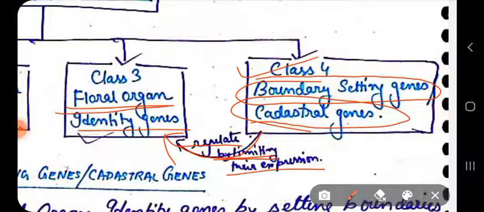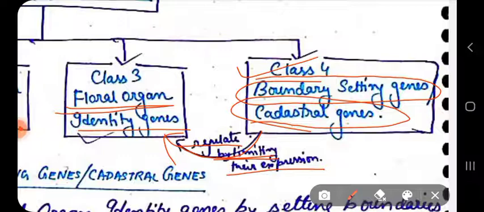And these gaps are maintained by the boundary setting genes. Boundary setting genes set the boundaries for expression, regulating the expression and controlling the correct distribution of the floral organ identity genes.